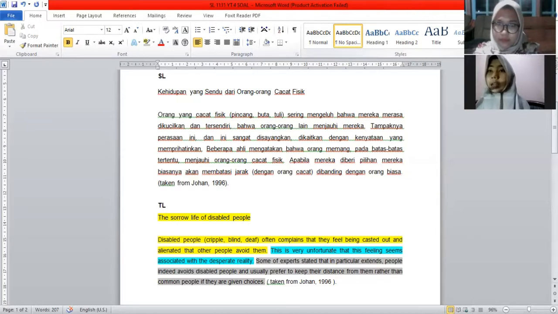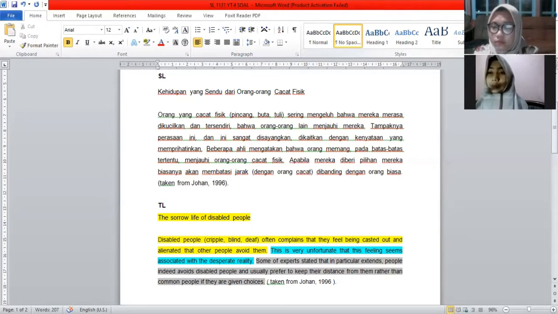And the next sentence, we actually try to paraphrase the last two sentences. That is, "beberapa ahli mengatakan bahwa orang memang pada batas-batas tertentu menjauhi orang-orang cacat fisik. Apabila mereka diberi pilihan karena biasanya akan membatasi jarak dengan orang cacat dibanding dengan orang biasa." So we paraphrase these two sentences because we think that they have relation to one another and are rather similar.